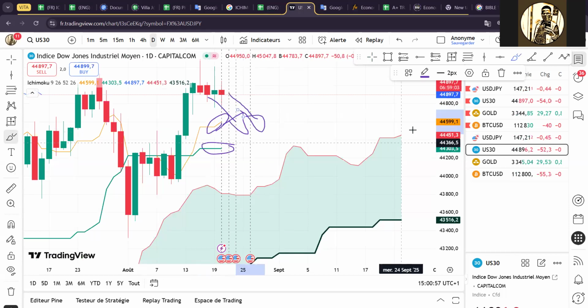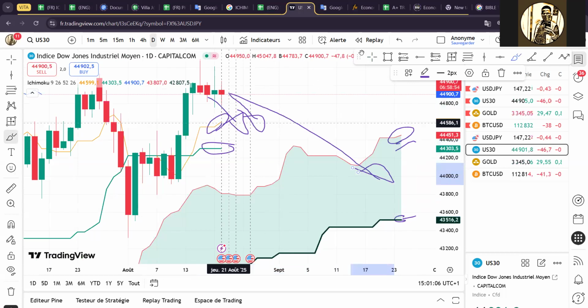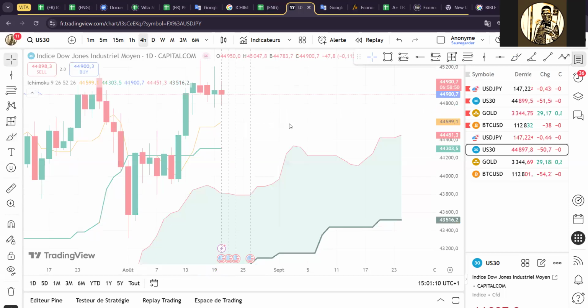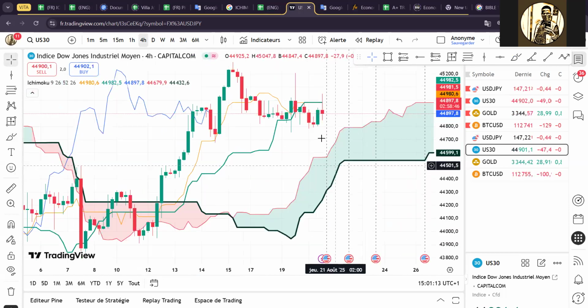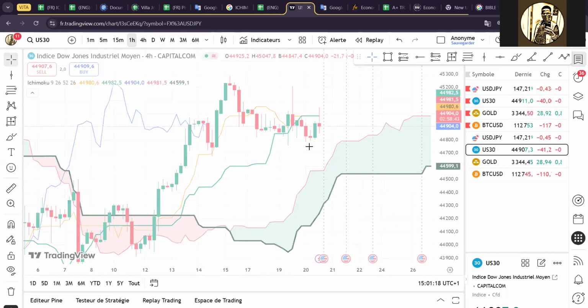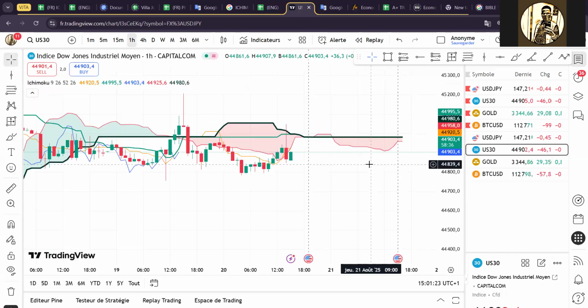Because when SSA is pointing to the upside and SSB is still flat, the candle will follow SSB, and it's happening now. So on daily, we are going down now. On 4 hour, we also have a correction to the downside. But there's no clear sign that we really want to go down now.